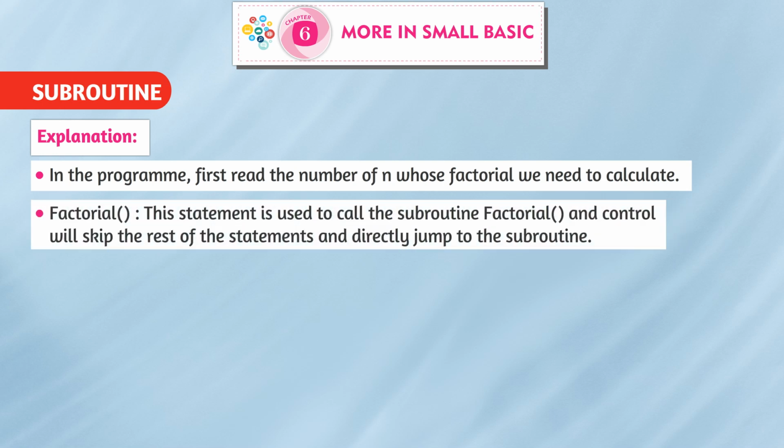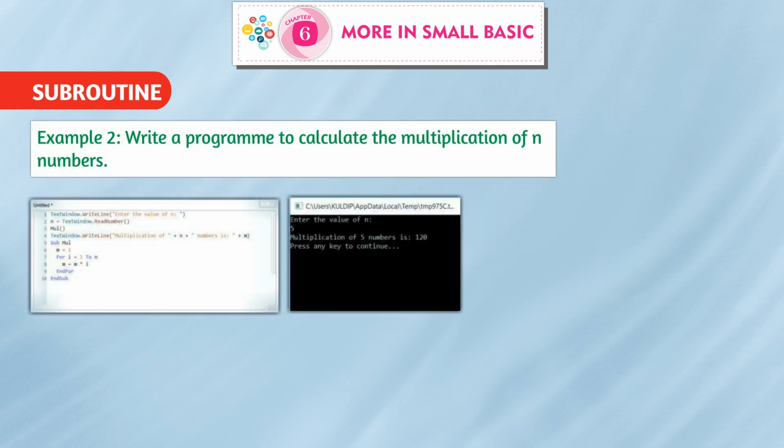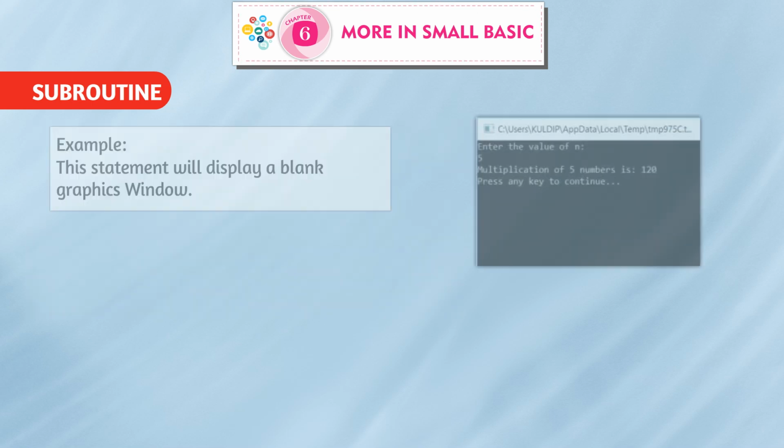This statement is used to call the subroutine factorial, and control will skip the rest of the statements and directly jump to the subroutine. Statements in the factorial subroutine are executed and control will return to the statement next to the subroutine call. Example 2. Write a program to calculate the multiplication of n numbers.